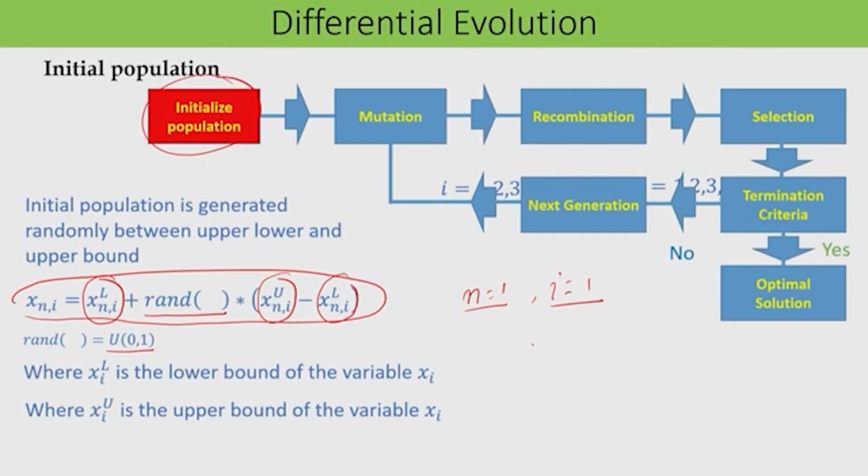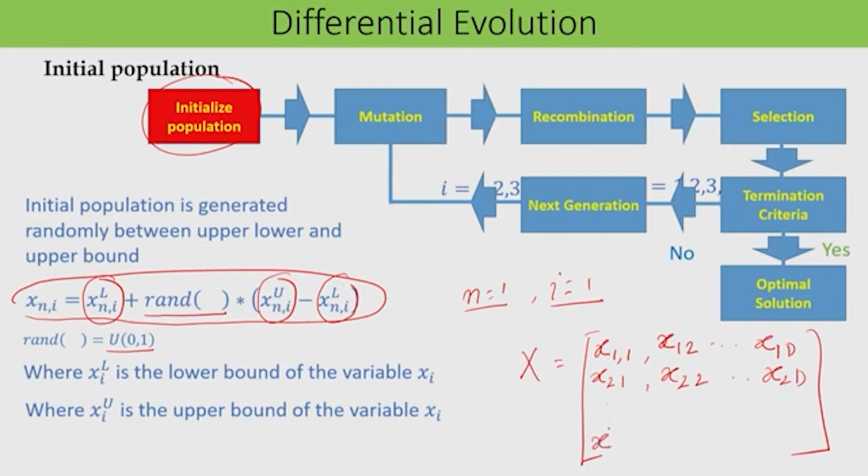Let me explain it here. This is x11, x12, and like that, this is x1d. Then this is x21, x22 and this is x2d.